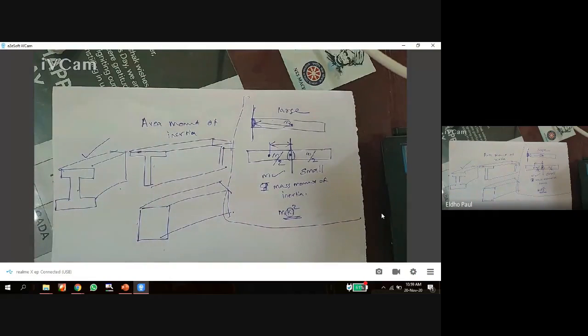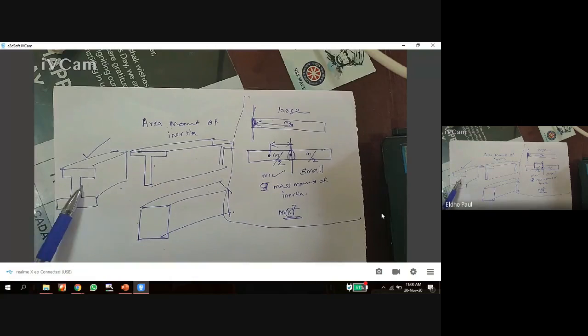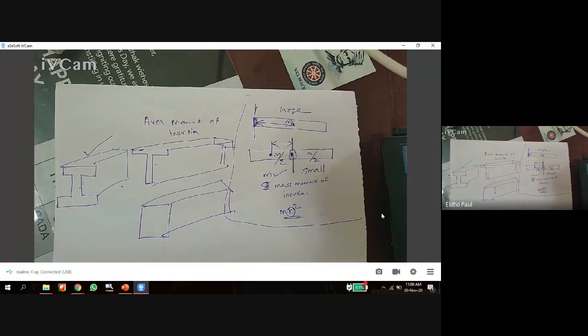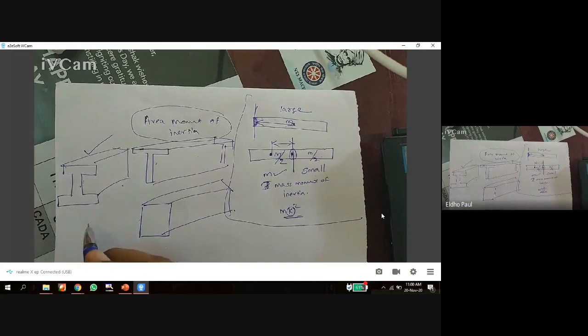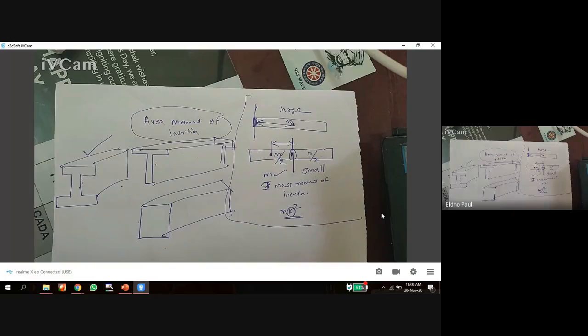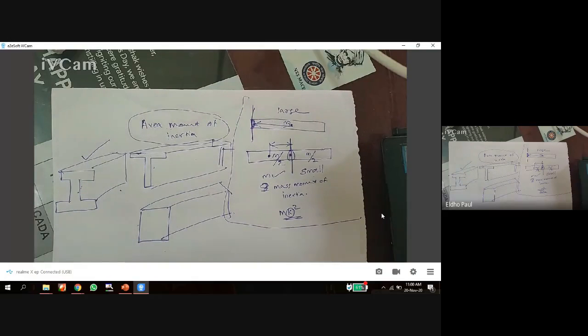What is the reason? The reason is that the area moment of inertia for the I section is very high. The area moment of inertia for the I section is much higher than that of the rectangular as well as the T section. So the area moment of inertia gives the resistance offered by a beam or a deflecting structure against bending.